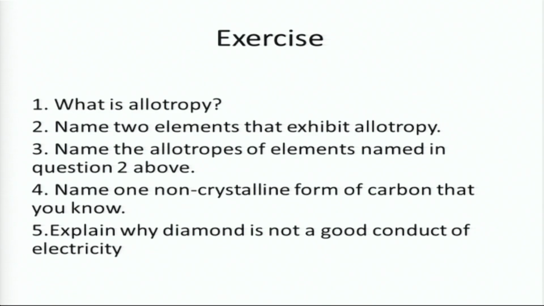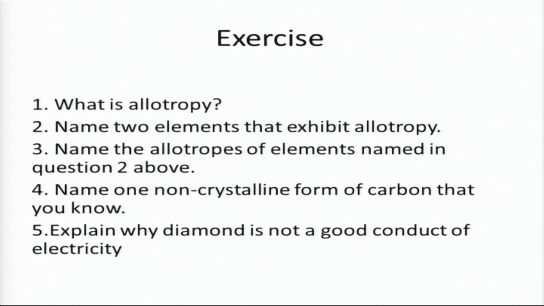Another thing, question 4, you're going to name one non-crystalline form of carbon that you know. Remember when we were introducing the topic, class, we said carbon exists in 2 different forms, or exists as allotrope in 2 forms: crystalline form and non-crystalline form. Under crystalline form, that's where we talked of diamond and graphite.